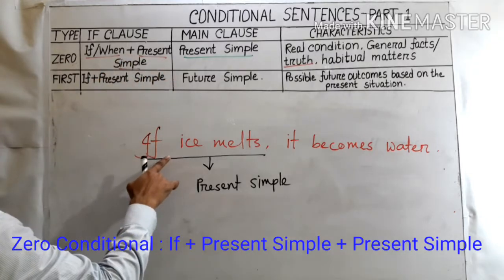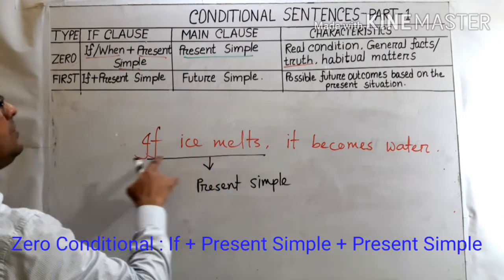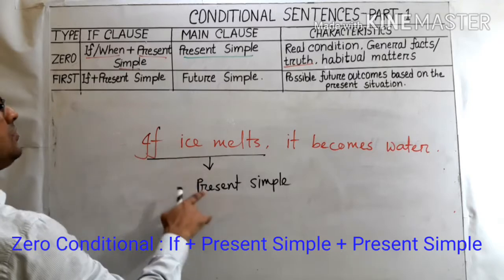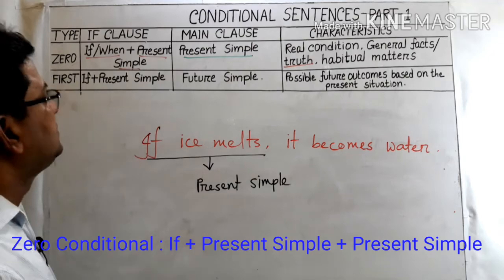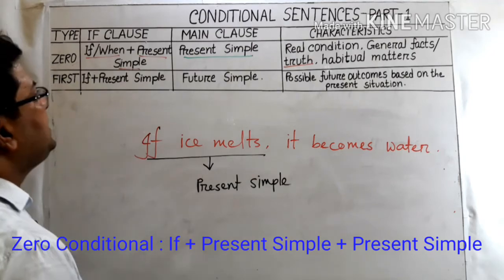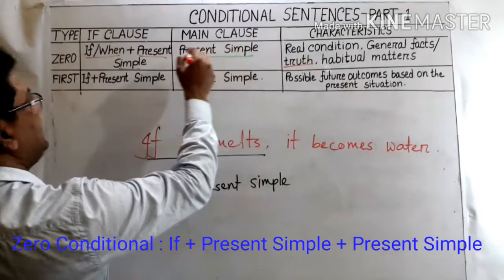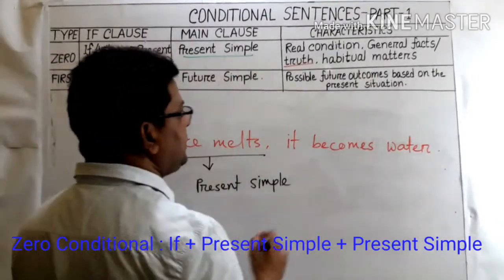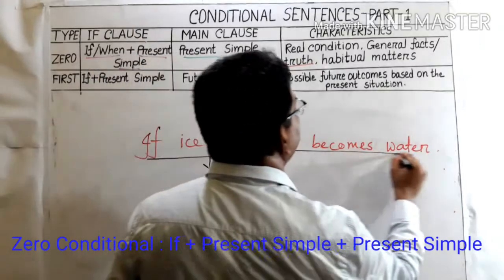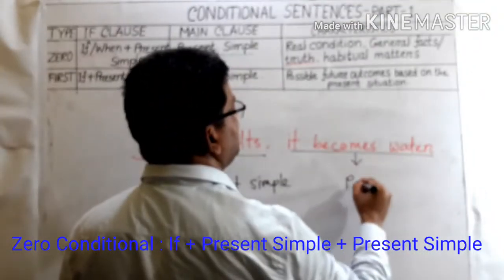Here I see that the if clause contains present simple. On the other hand, the main clause of the zero conditional contains present simple. Here I see that the main clause of this zero conditional also contains present simple.